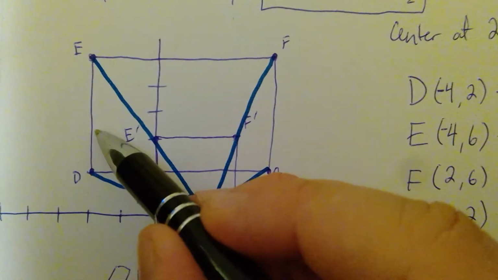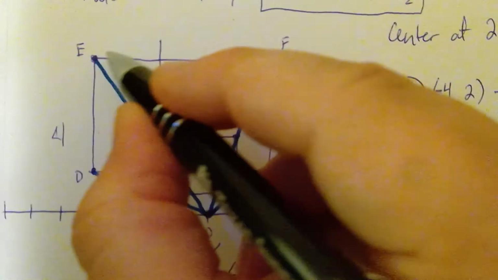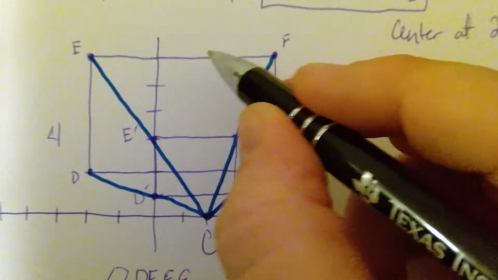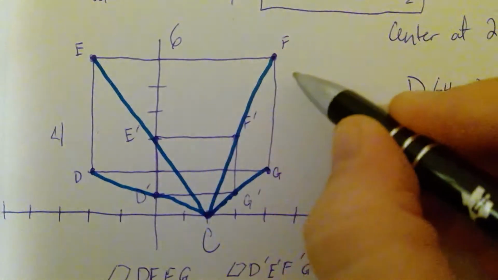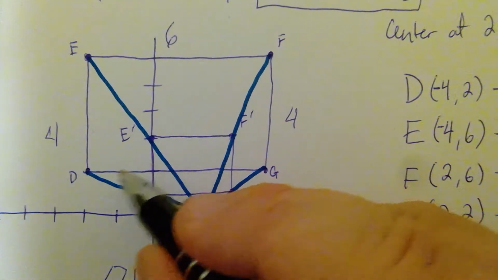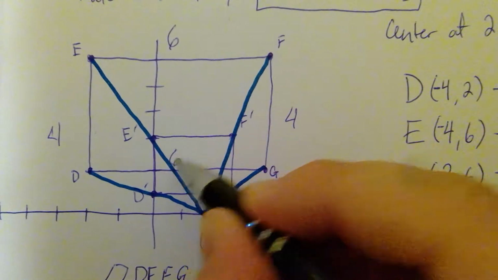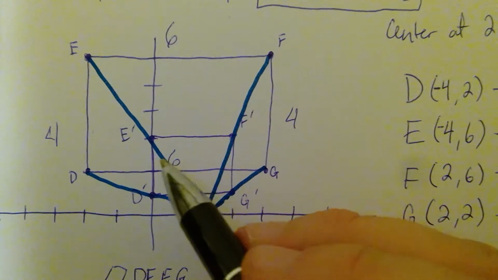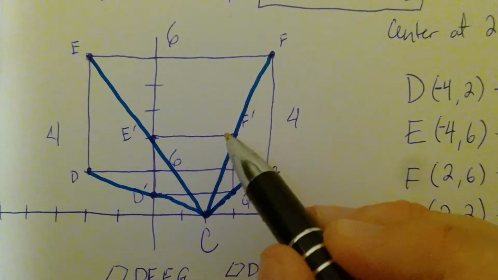We have a length of 1, 2, 3, 4, a length of 1, 2, 3, 4, 5, 6, 1, 2, 3, 4, and our long side appears to be 6. Now if we look at our small rectangle, we've got 1, 2, 3.